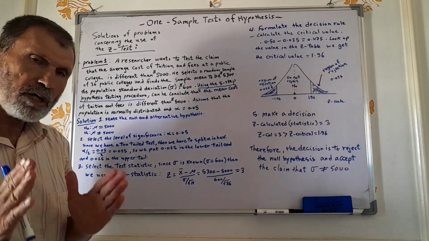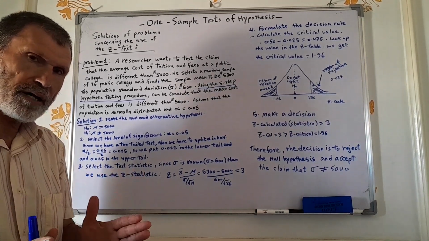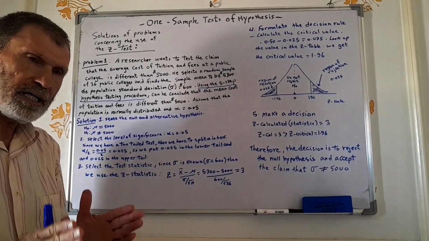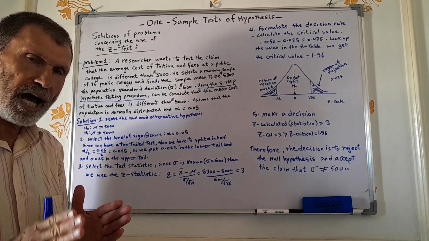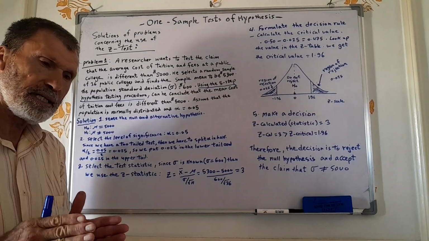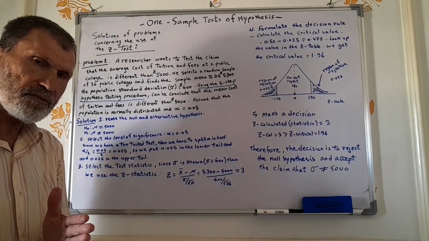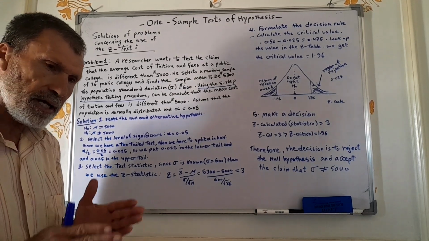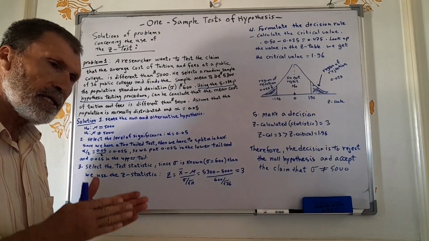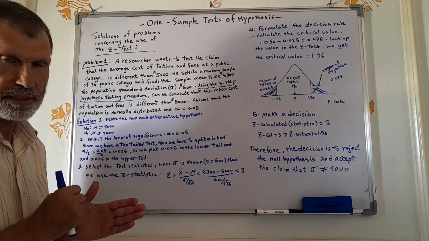So whenever we have a two-tail test, alpha should be divided by 2, so that half of the alpha is in the lower tail, and the other half is in the upper tail.